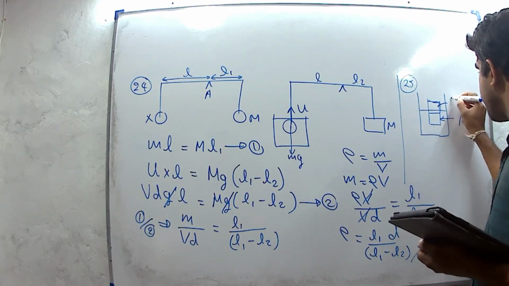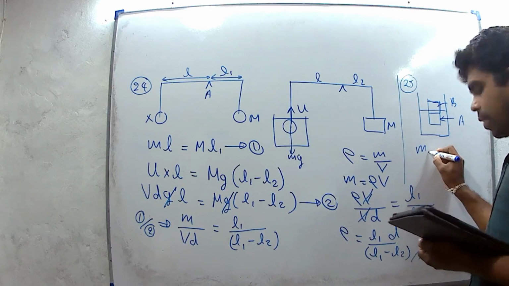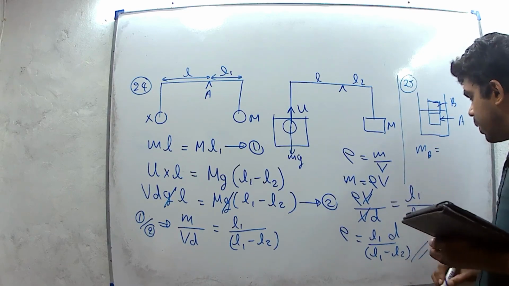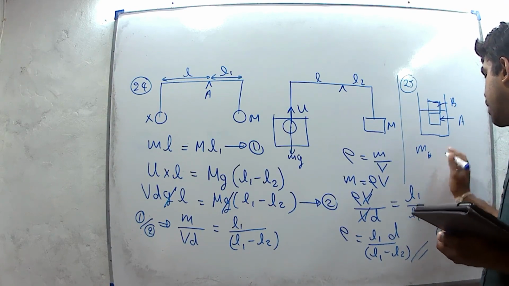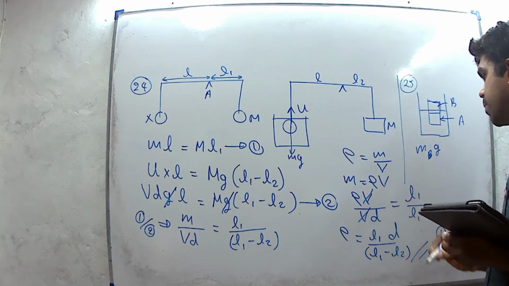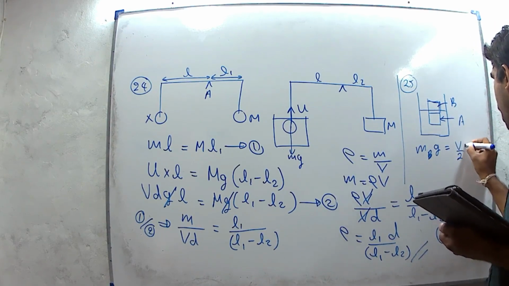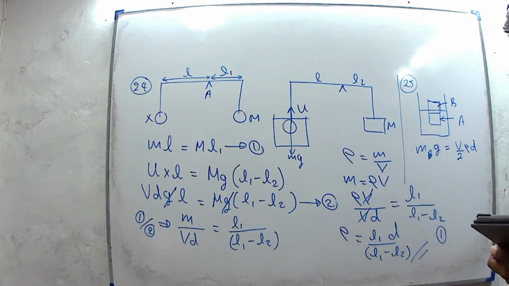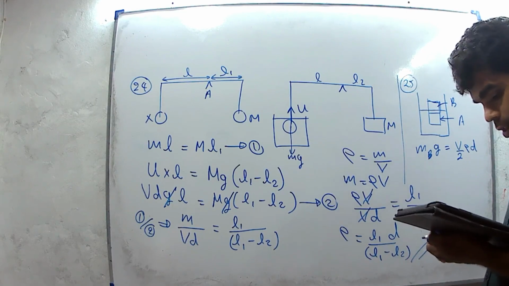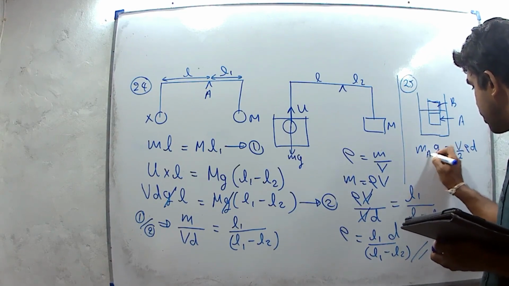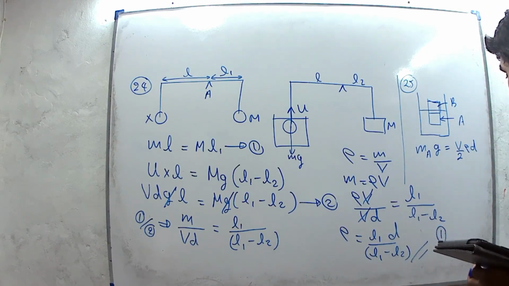When comparing masses, we can consider that the weight of B, MBG, should be equal to the upthrust on B, half V rho G. When considering the first situation, the weight of A equals half of V rho G. V is the volume of a cube.